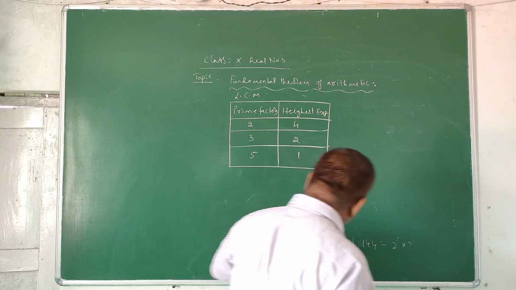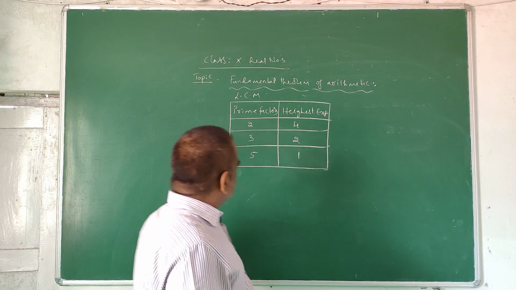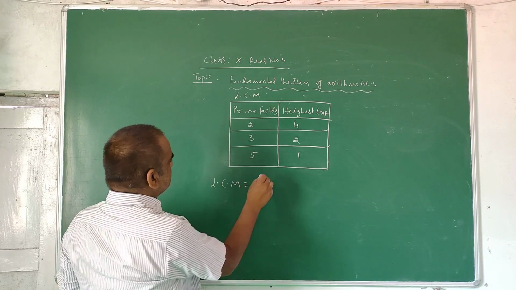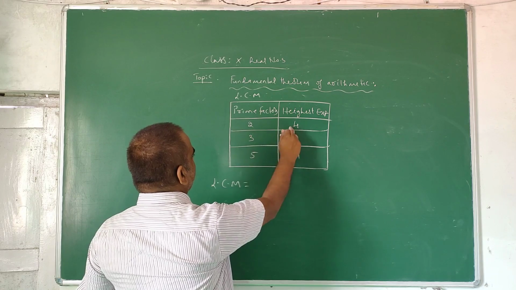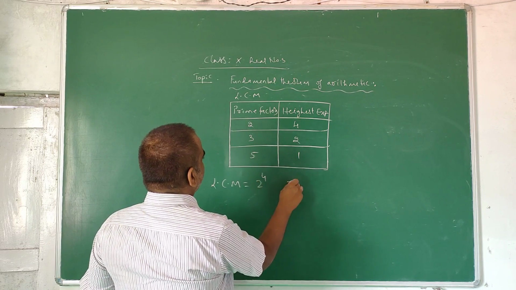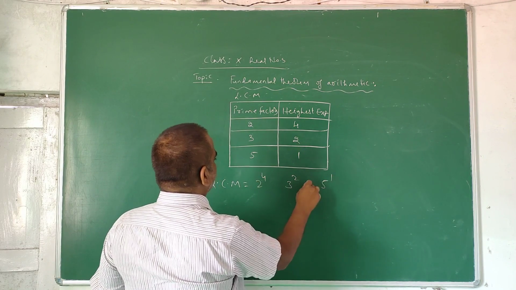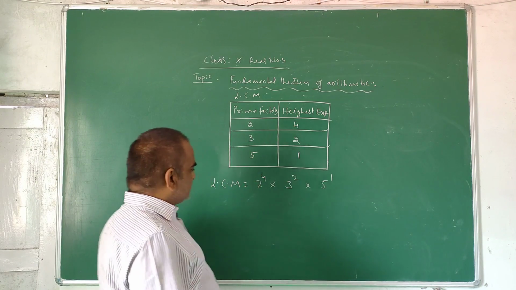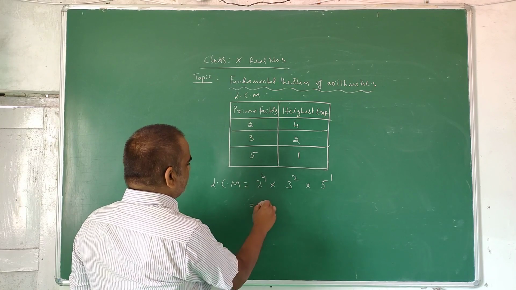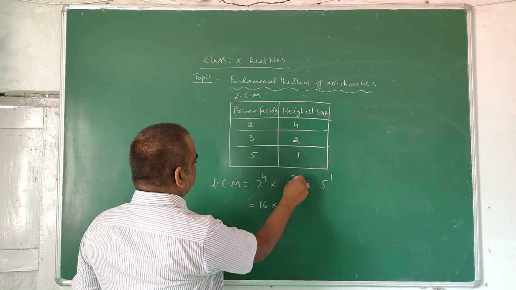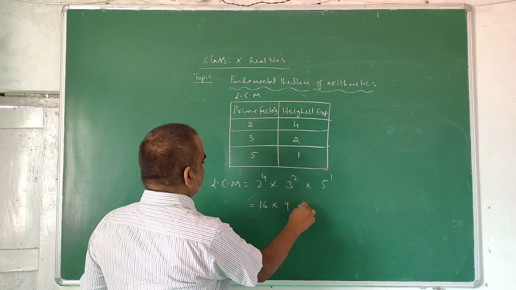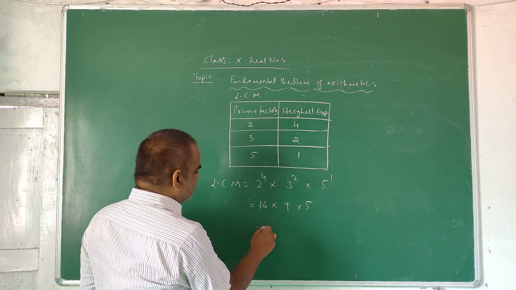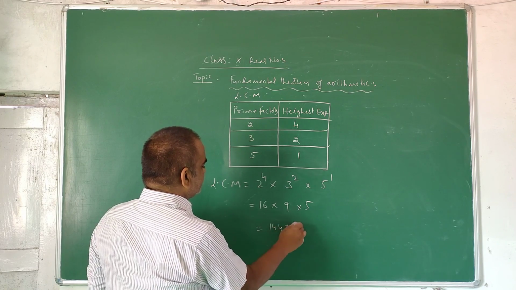What would the LCM be? LCM is equal, now you raise 2 to the power 4, 3 to the power 2, 5 to the power 1 and multiply. So this is equal to 2 to the power of 4 is 16 into 3 square is 9 into 5 to the power of 1 is 5. 16 9s are 144 into 5.